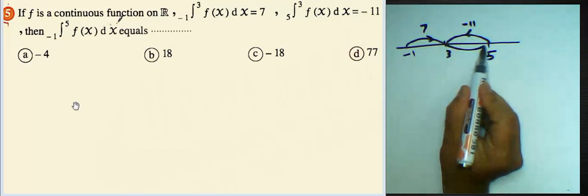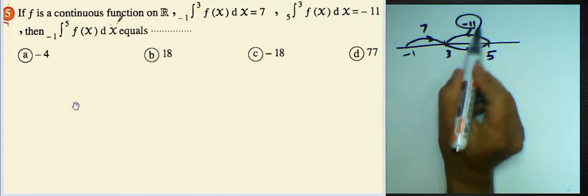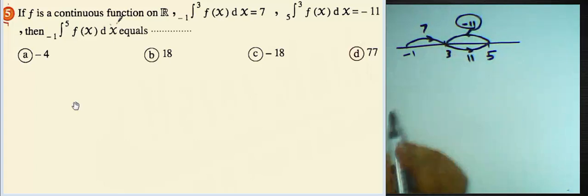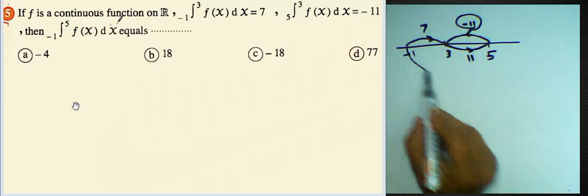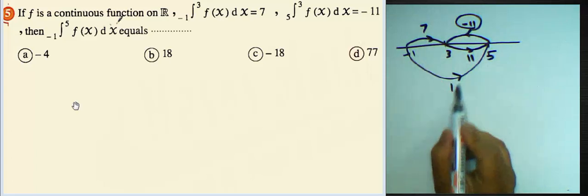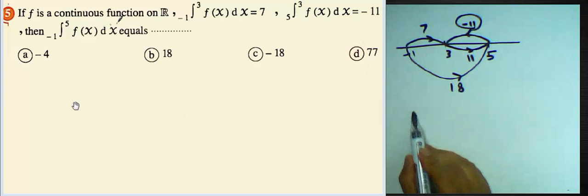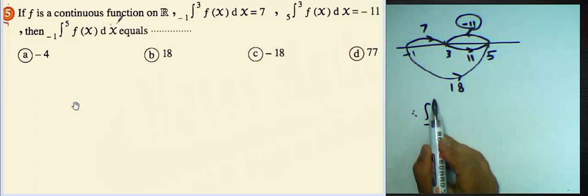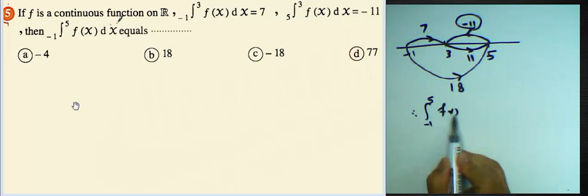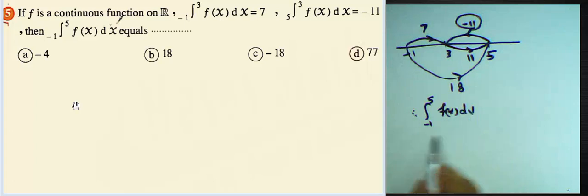Then the integration from 3 to 5 will be the inverse of this sign, it will be 11. So we can find the result about -1 to 5: 7 plus 11 equals 18. Then the integration from -1 to 5 about this function f of x dx will be equal to 18.